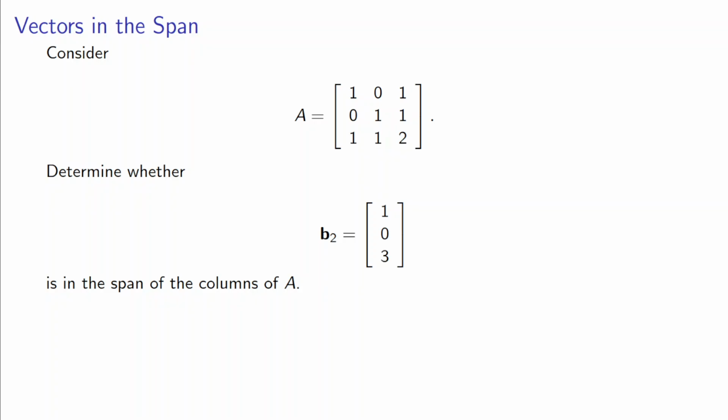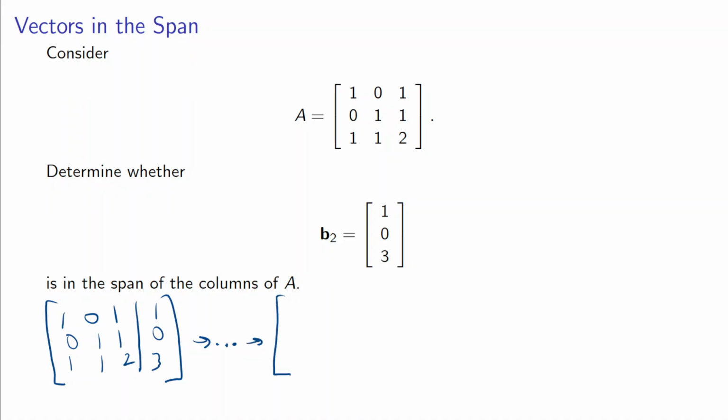Let's do another example where we have the same matrix, but a different vector, b2. You might have suspected we were going to have a b2 since we were talking about b1 before. If we set this up in the same way, [1, 0, 1; 0, 1, 1; 1, 1, 2] with right-hand side (0, 1, 3), again I'm going to use technology to take care of that row reduction for us.